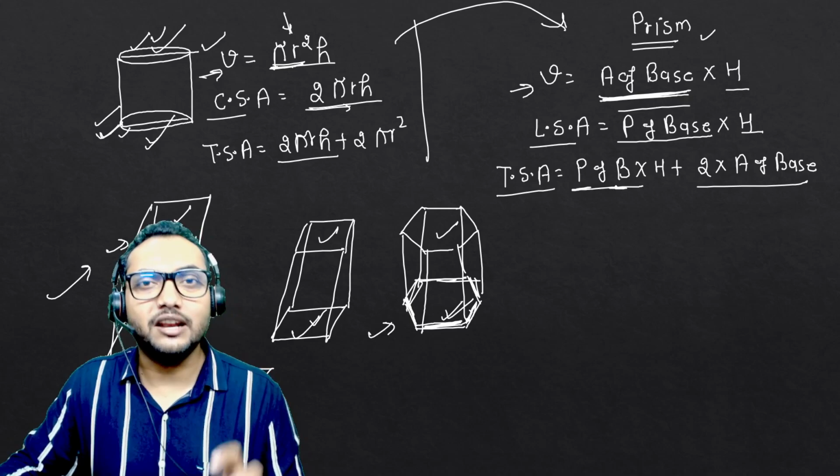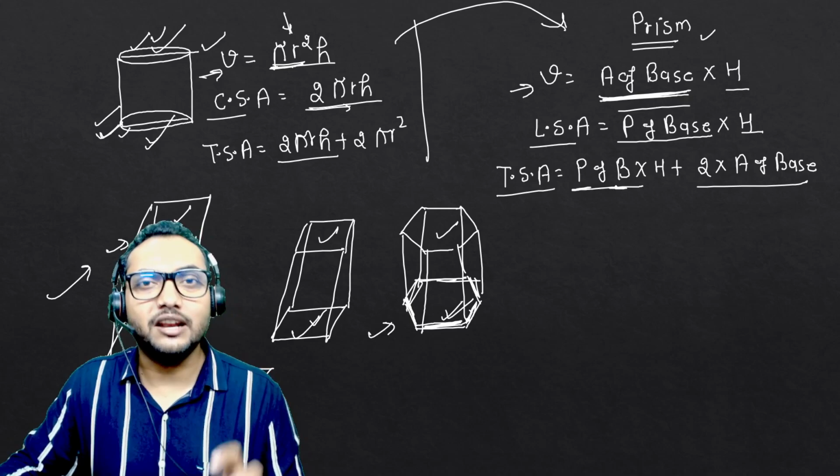Now, what is going to be the total surface area? Total surface area is basically curved surface area, that is pi r l, plus remaining surfaces. Here we only have this plane surface, that means the surface in the base, the area of the circle, that is pi r square.